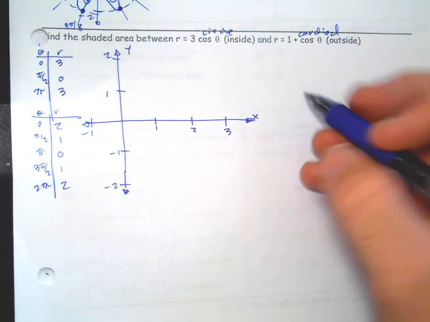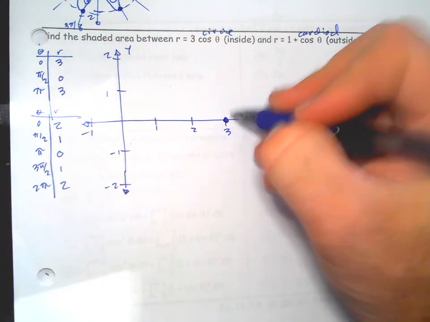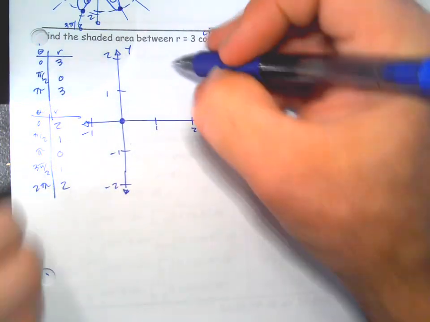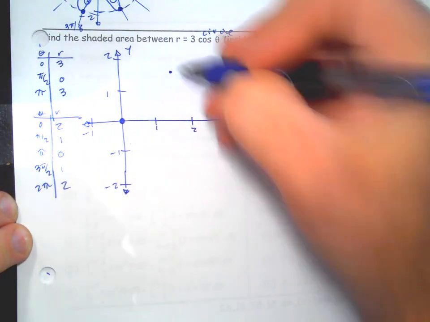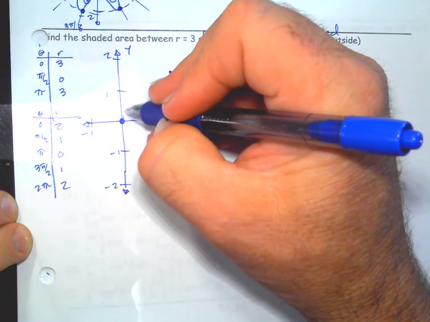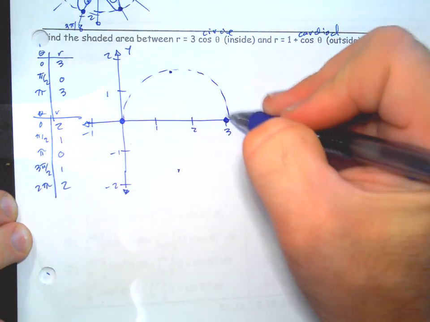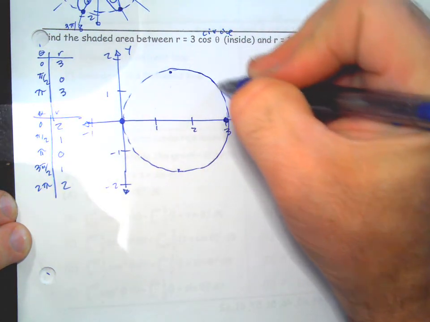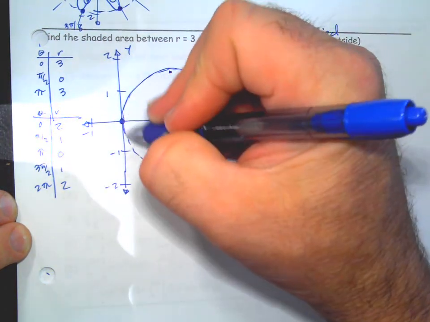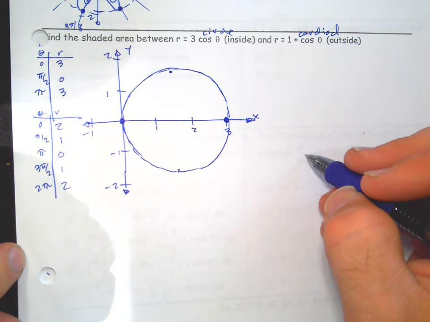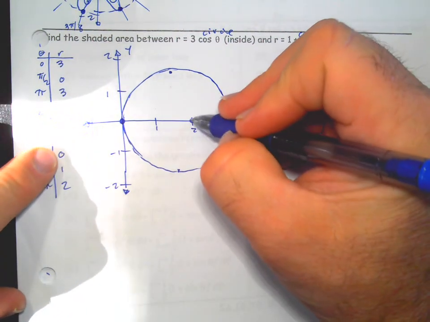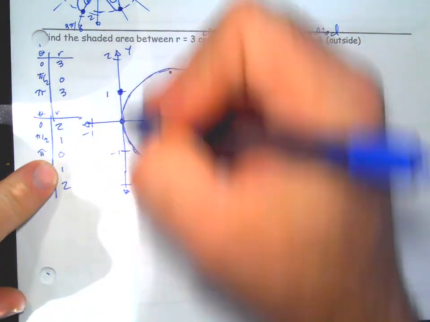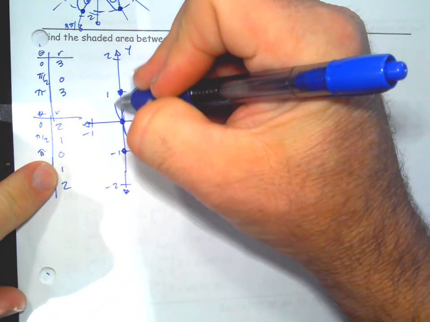Okay, so 0, 3 is right here. Pi over 2, 0 is here. So that's a circle. The circle has a radius of 1.5. So we're going to go like this. So that's a circle. And the cardioid is 2 here, 1, 0, 1. So this is the cardioid.